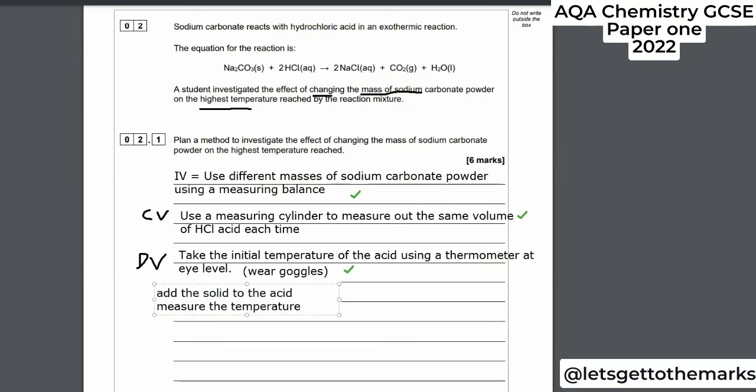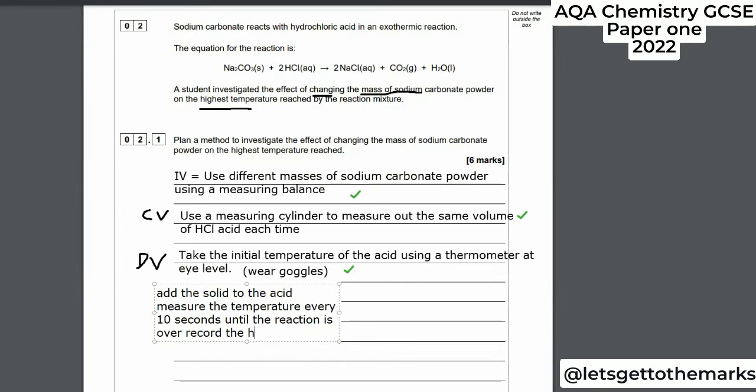We could say measure the temperature every 10 seconds until the reaction is over.